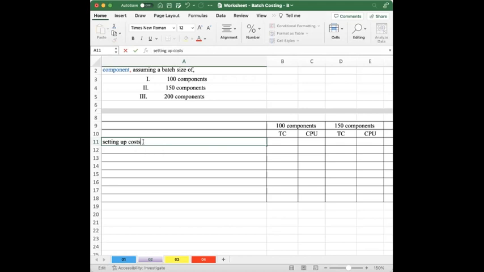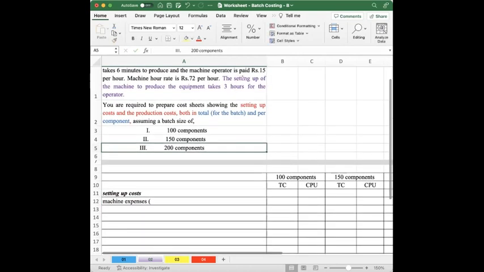Setting up costs. Right, so what are the setting up costs? Machine expenses. The setting up of the machine to produce the equipment takes 3 hours and the machine hour rate is 72 rupees per hour.